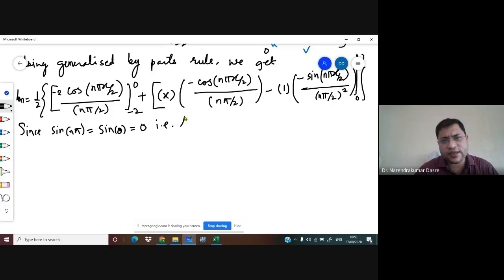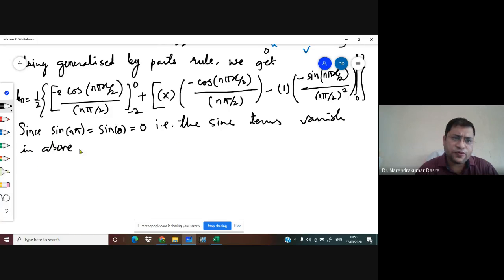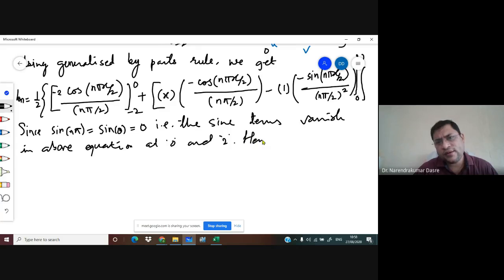That is, the sine terms vanish in the above equation at 0 and 2.